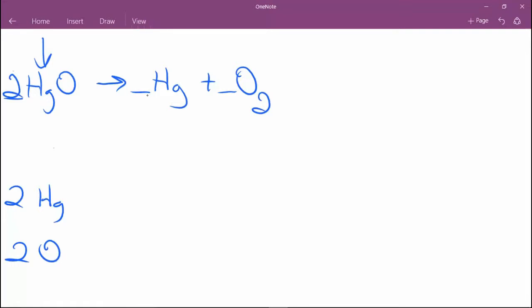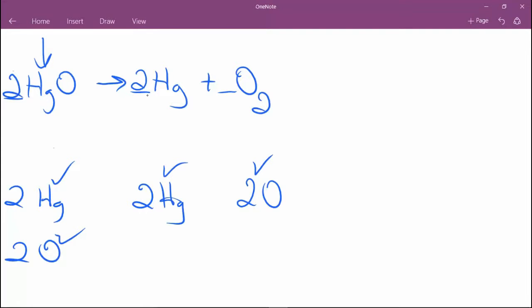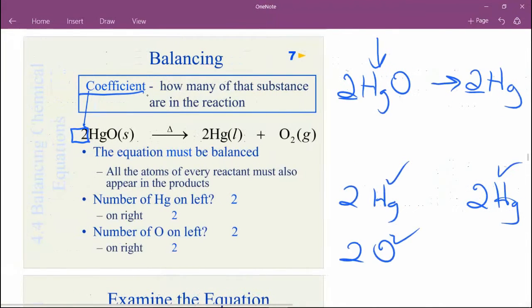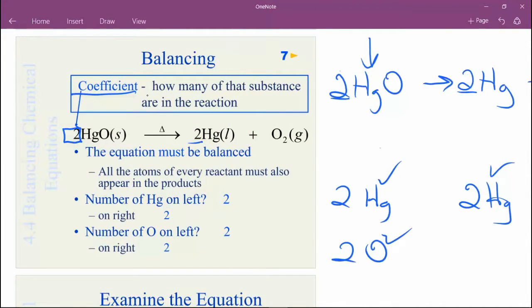Going to the other side, I have 2 oxygens, but I only have 1 mercury. So I need to put a 2 in front of it so that I have 2 mercuries now. Now everything is balanced. So this would be the balanced chemical equation. That's what we see here. They put a 2 in front of that mercury in order to balance the chemical equation.